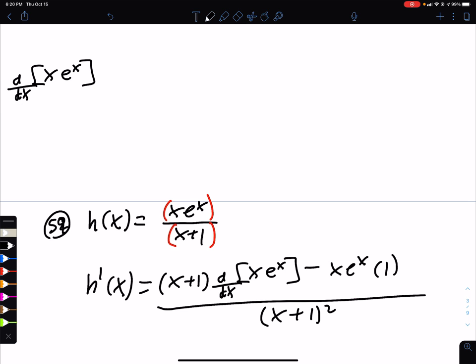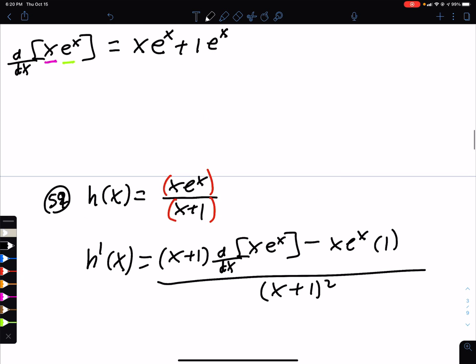So we have product rule. Two things are being multiplied. So when I take the derivative, I leave the first alone. The derivative of e to the x, I am my own grandpa, plus the derivative of the first is 1, and leave the second alone. So that is my derivative.